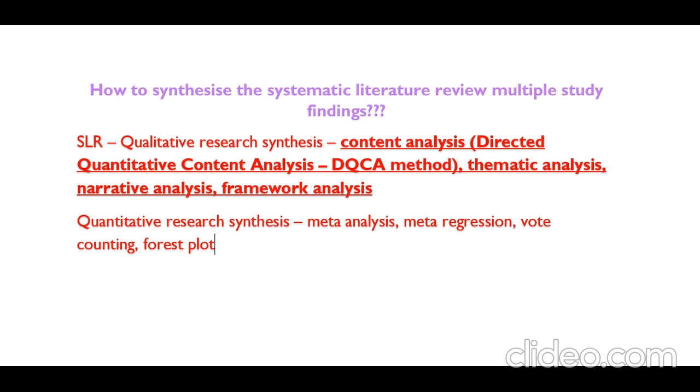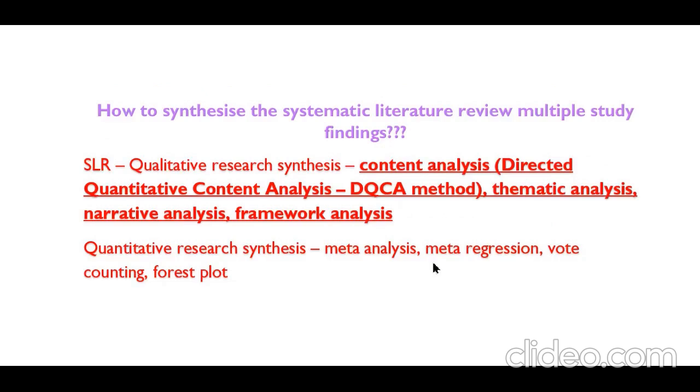Meta-analysis means you can simply collect the sample size of the study and all other statistical stuff, right? For meta-analysis, meta-regression, word counting, and forest plot, collecting or extracting the data is common for all those four processes.